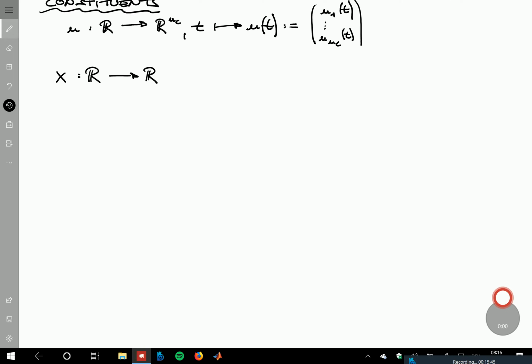But this is called the state, and what it really is, is a function. It's time dependent: for each time point there is a value of the function x, and this value is n_s dimensional, where n_s is the number of states, or of state variables.